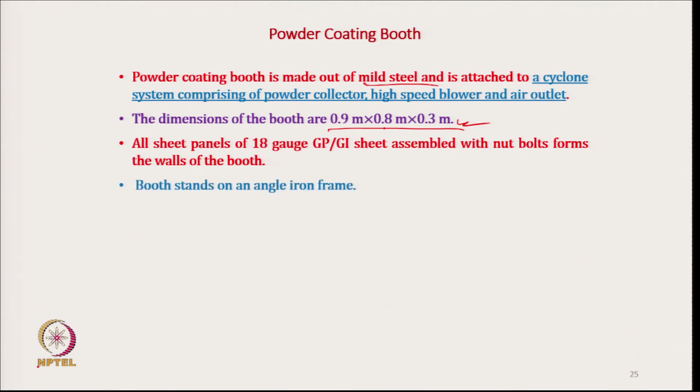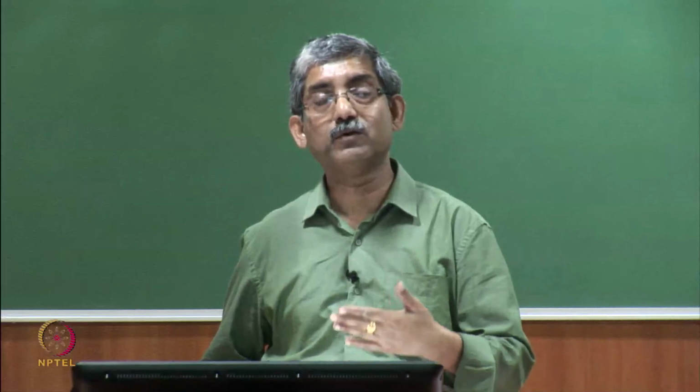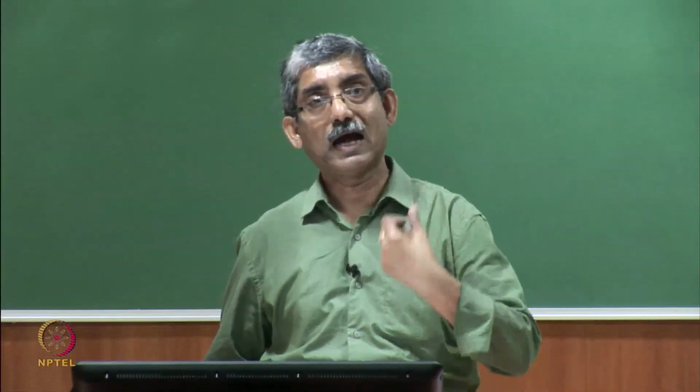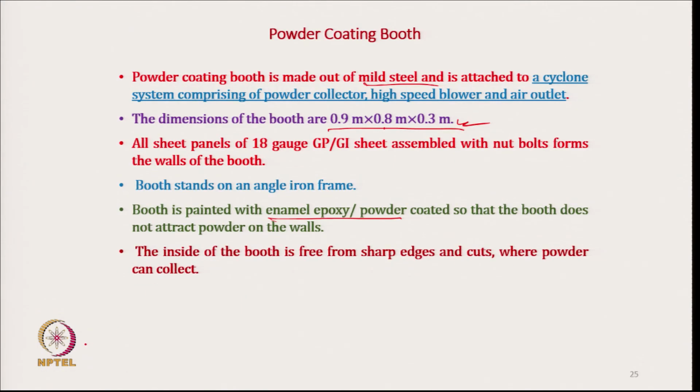The angle iron booth is painted with enamel, epoxy or powder. This is important, we cannot keep the booth surface rough, because otherwise it will attract the powder. These are the features of the powder coating booth.